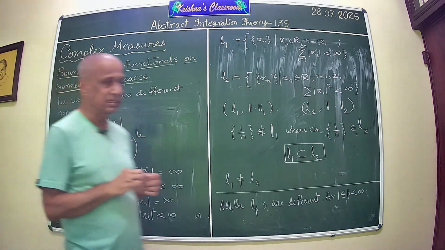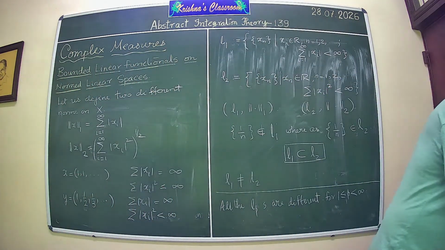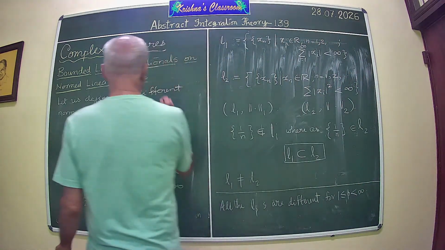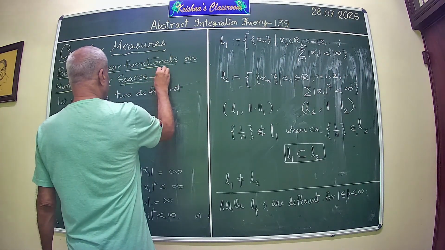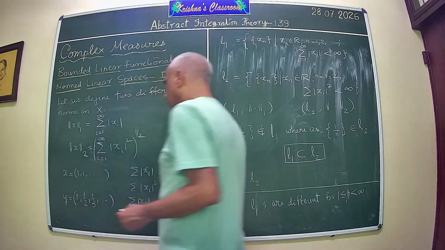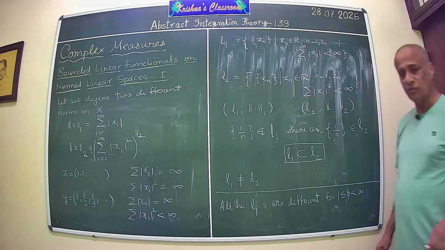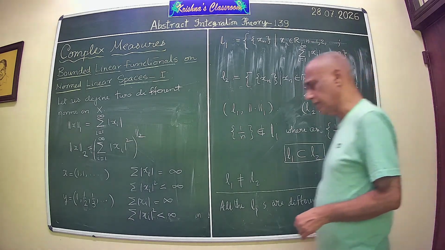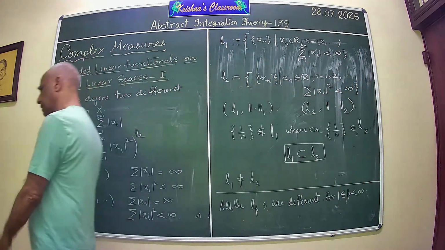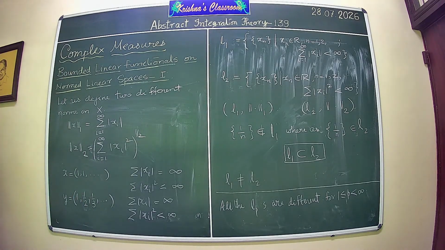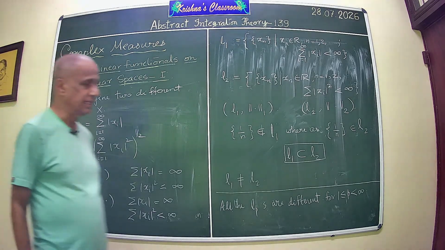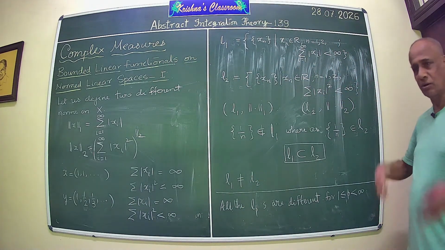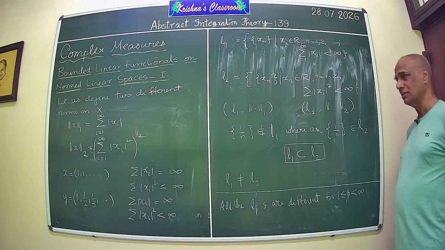So let me just call this talk normed linear spaces 1. Finally, you want to explore this. Actually, what are the representations? Given a linear functional on an infinite dimensional space, do you have a vector in the space itself representing it, or in some space representing it, or what is the concrete form of the dual space of a given space?